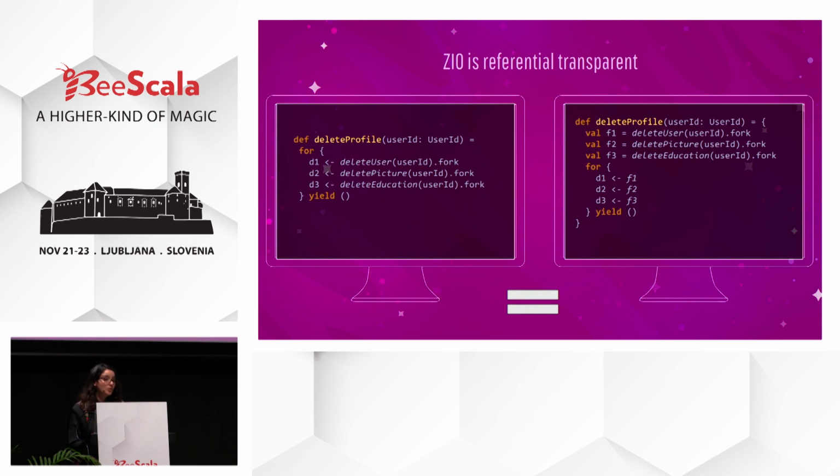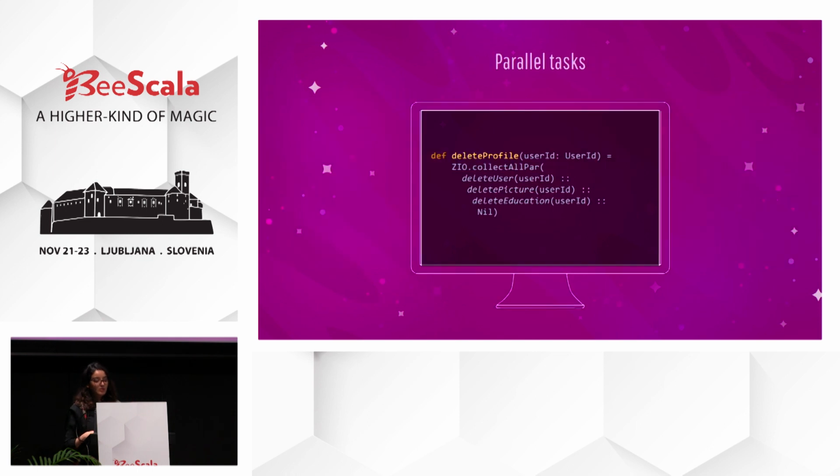And also when you use .fork, because it's the same data type, it will return an I/O. The previous program is a sequential program, and here you will have a parallel program. Each fiber will be executed, and both of these programs have the same meaning.